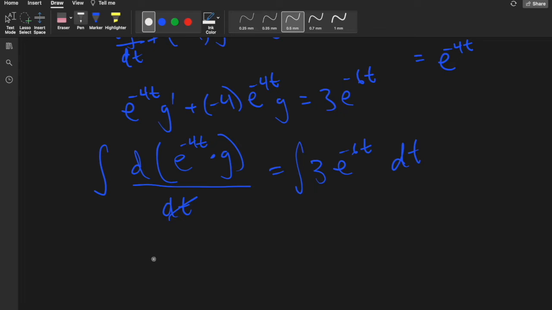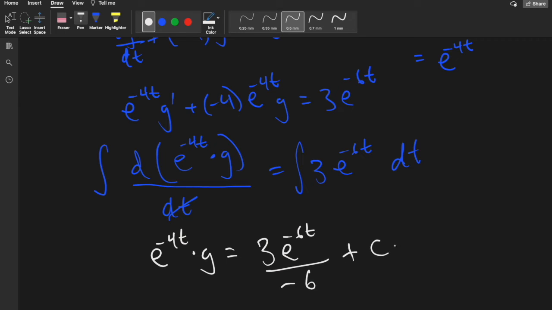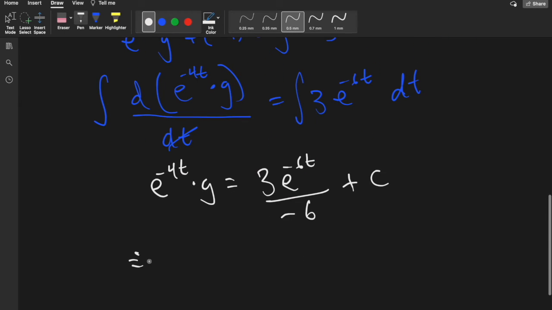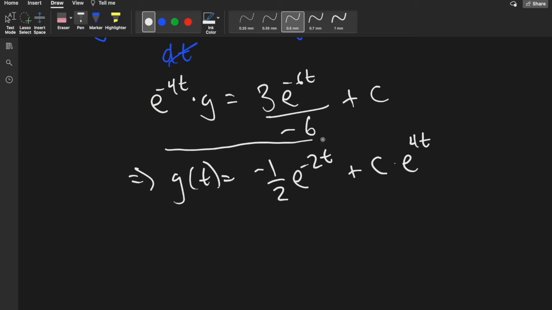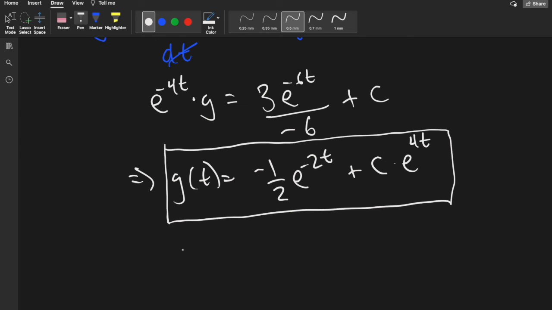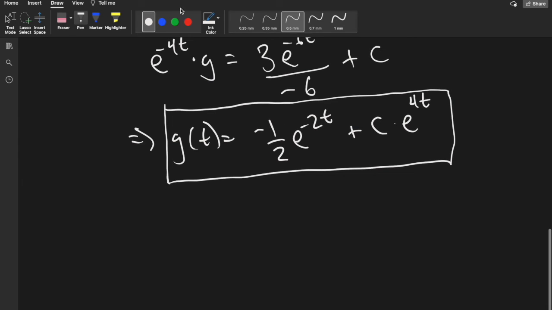So then what we get is e to the negative 4t times g should be equal to, by integrating both sides, on the right hand side, 3e to the negative 6t over negative 6 plus c, of course, can't forget the plus c. So then what we have here is, for any constant c.